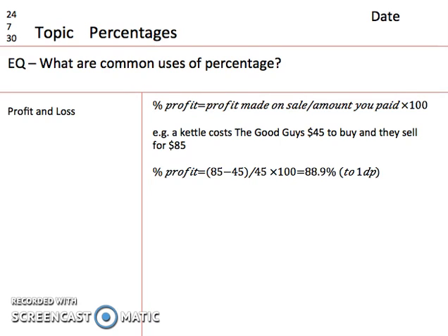Another use of percentages is when we're trying to determine profit and loss, or the percentage profit or the percentage of loss. Similarly to when we were looking at percentage increase and decrease, we need to determine the amount of profit or the amount of loss first.